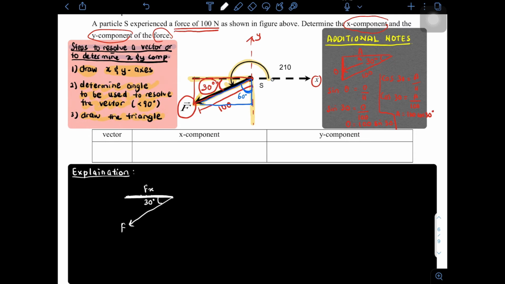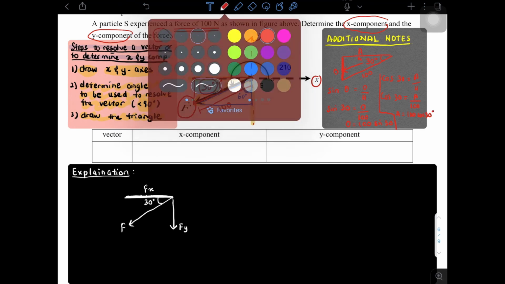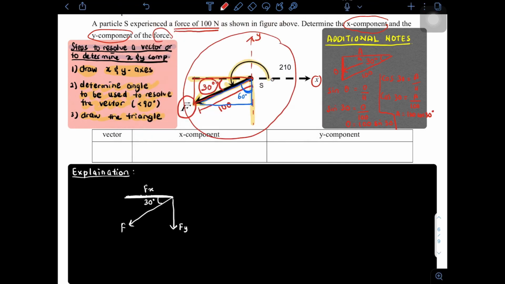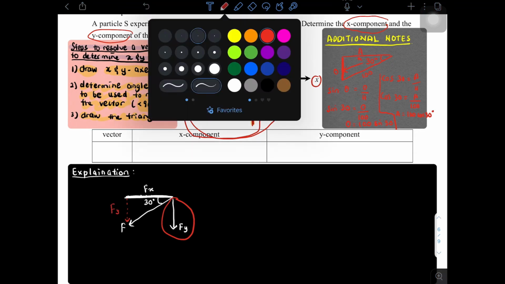The y axis is here, this is Fy. So what we do is we bring this to here. So this is your Fy, and this is Fx.